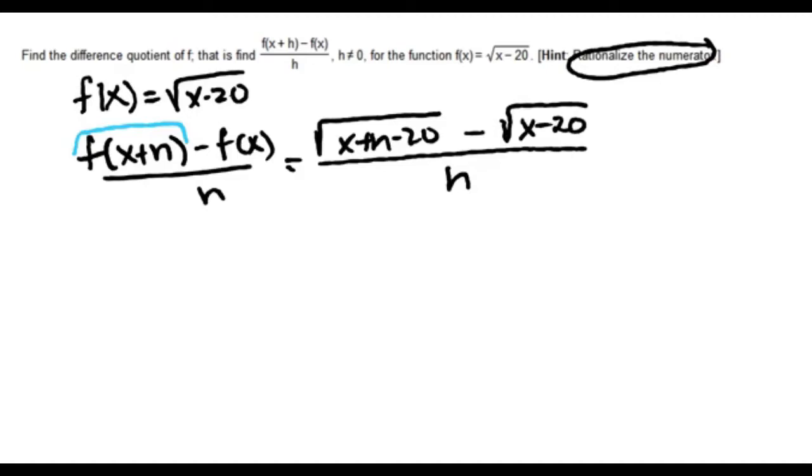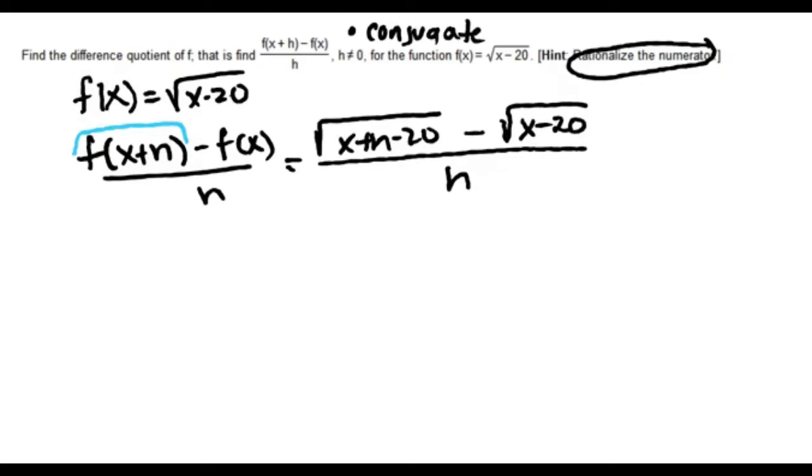Now to rationalize the numerator means that we don't want a radical in the numerator. So to get rid of the radical in the numerator, we're going to use a strategy of multiplying by the conjugate.